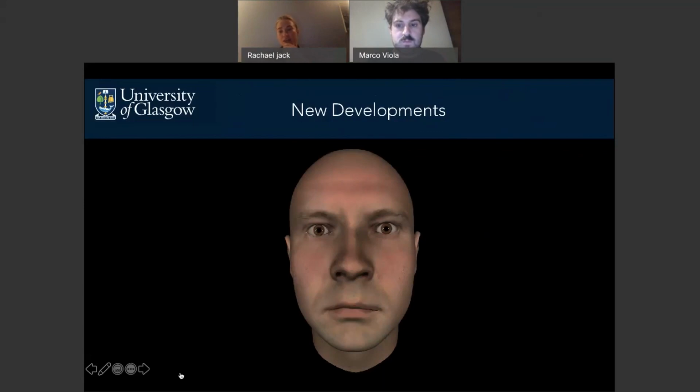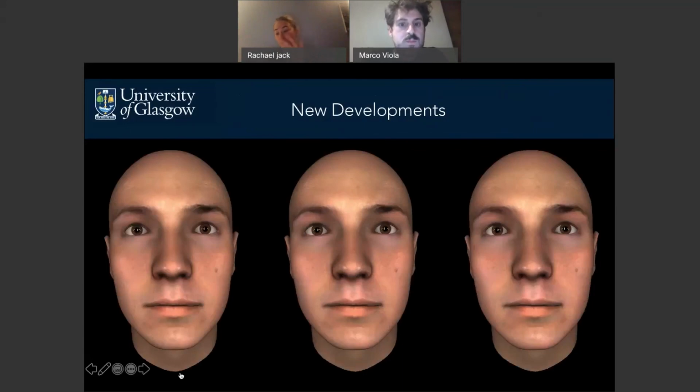And so again, we've added this to the face generation platform we have. We can also generate faces of different ages and so on. So again, this is just having a very nuanced generation platform to represent different ages, ethnicities, and so on.